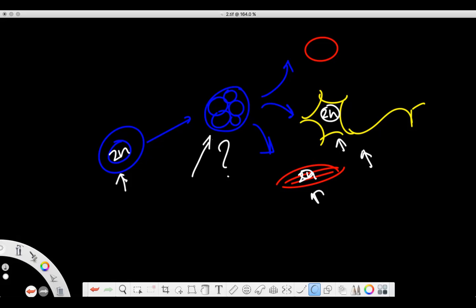So if scientists want to develop an organ inside the lab, like a liver, the starting point is, okay, we take this stem cell, because this embryonic stem cell makes a liver when it develops into an embryo. If that is the case, then we can also do it in the lab.